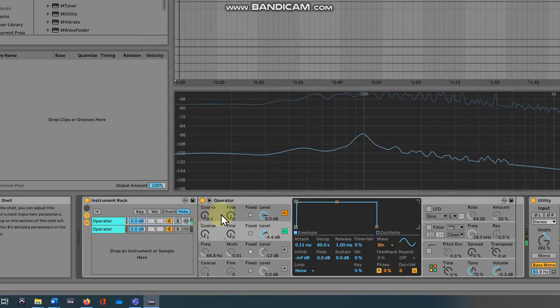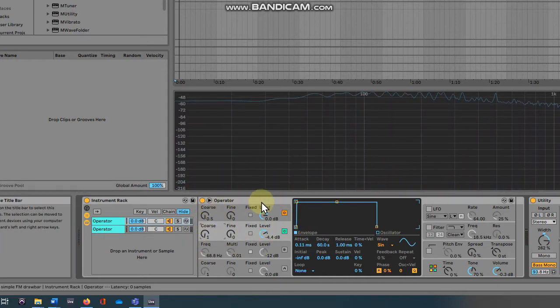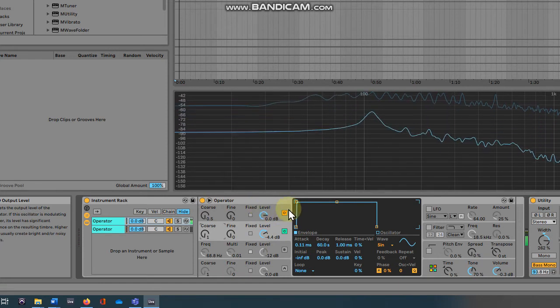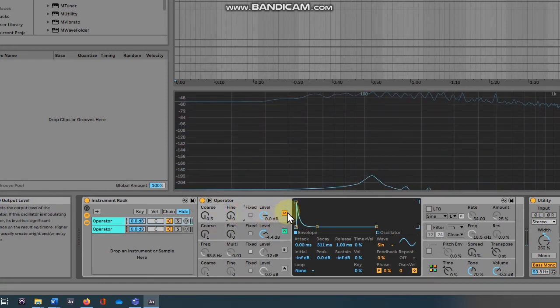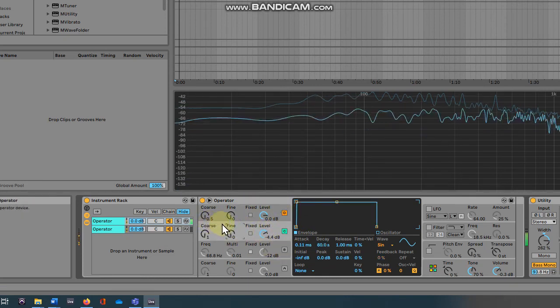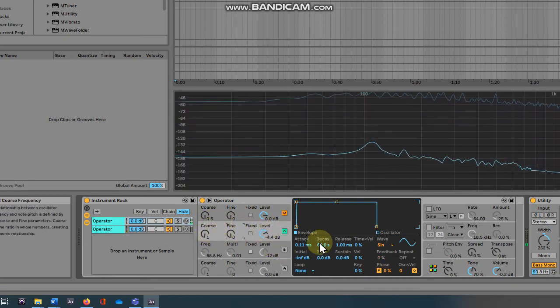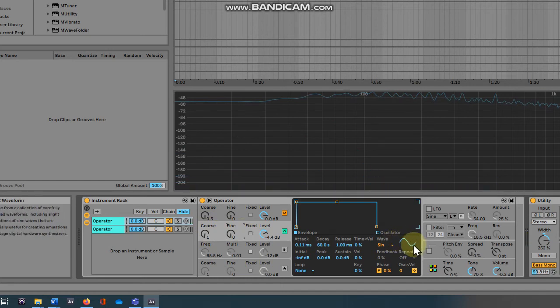So it's quite a simple way to get those kind of articulations with that short envelope modulating this, because it's modulating this in pitch because it's a sine wave.